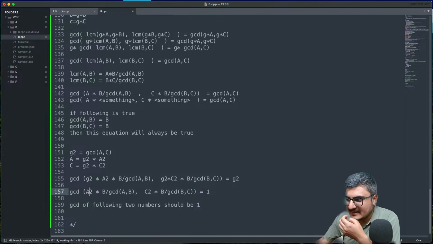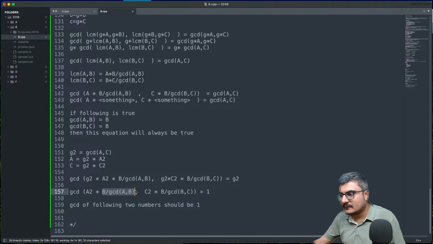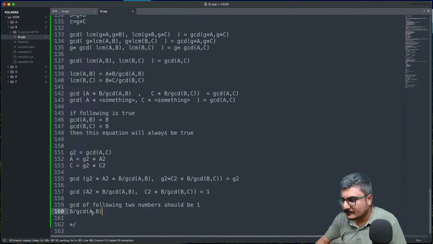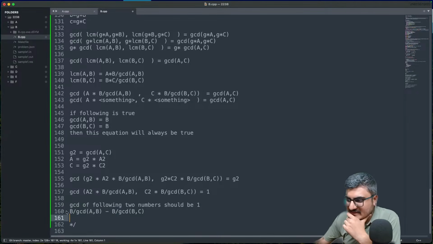Here we are fine, A2 and C2 will not have any common multiples. These two numbers should definitely have GCD equal to 1. And you can notice that both of these two are some factors of B.